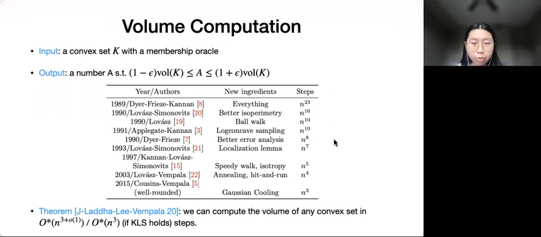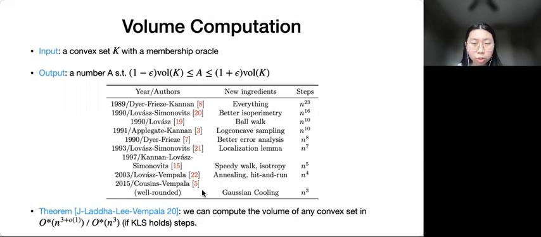So here are the previous results for the volume computation problem. Dyer, Frieze, and Kannan gave the first polynomial algorithm in 1989. Afterwards, there were a series of improvements coming up with new techniques and ingredients. Note here, the previous best result is n^4 by Lovász and Vempala.